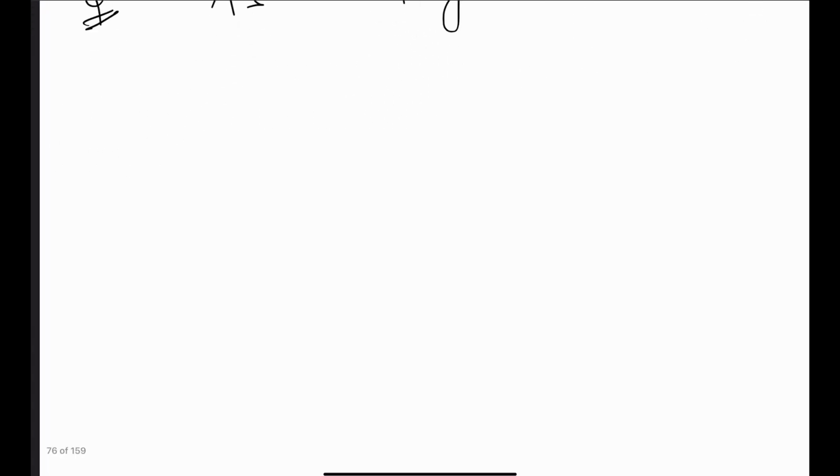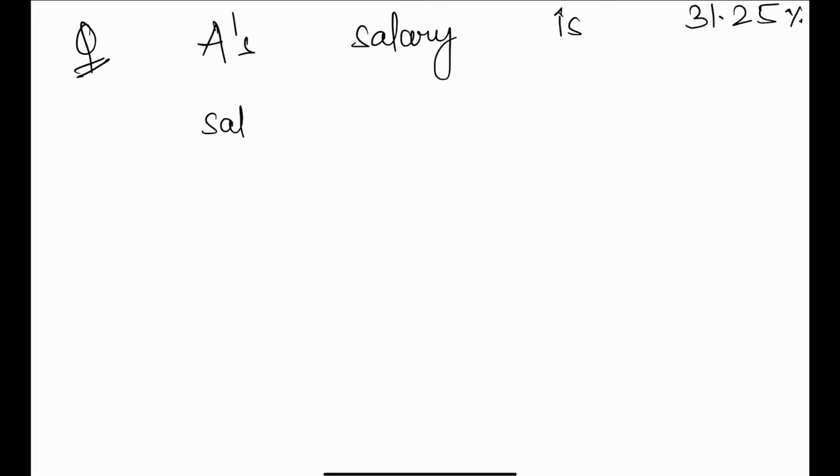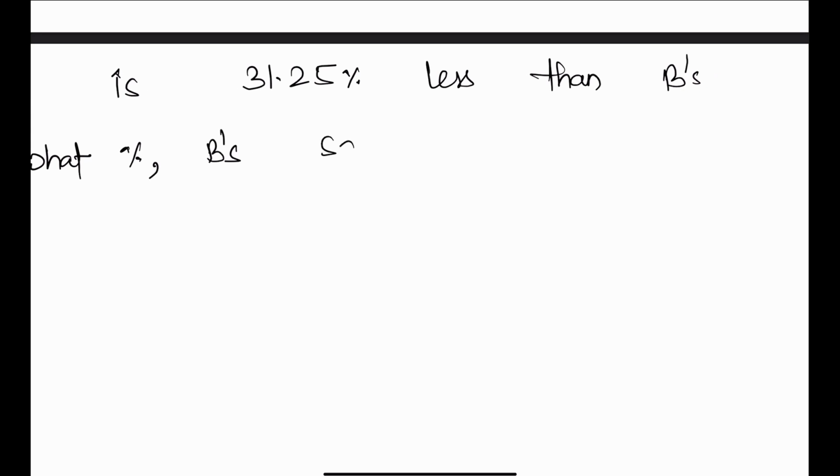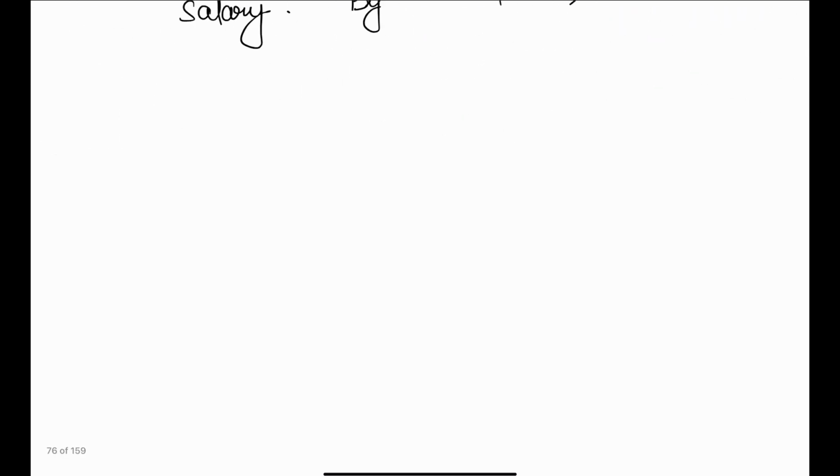By what percent is B's salary more than A's salary?